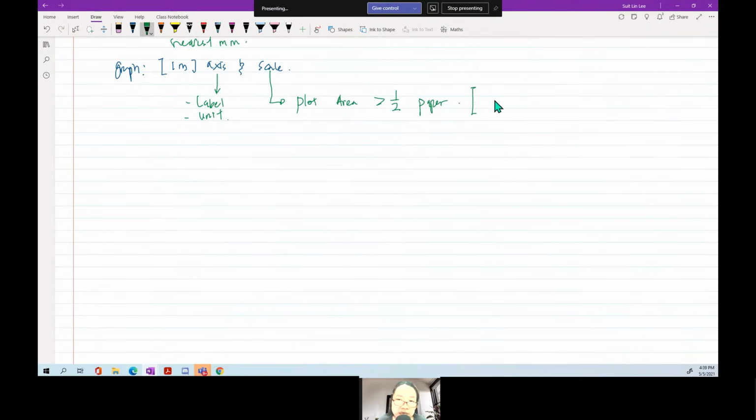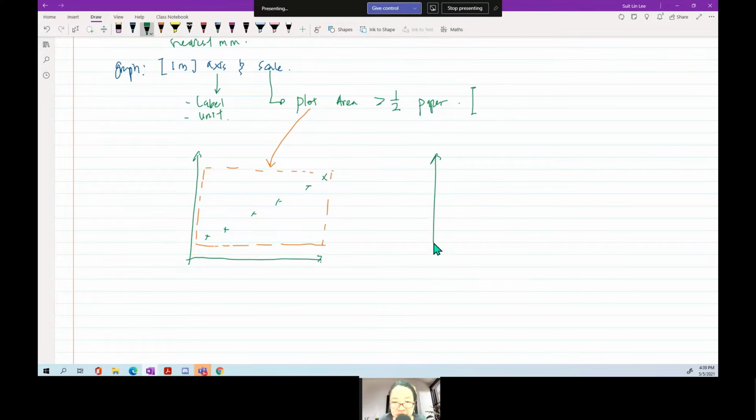So this means, let's say this is your graph. I need your 6 points, because minimum you will have 6 points. What I will do is I will roughly take this area and you have to make sure it's more than half. So this is your plotted area.